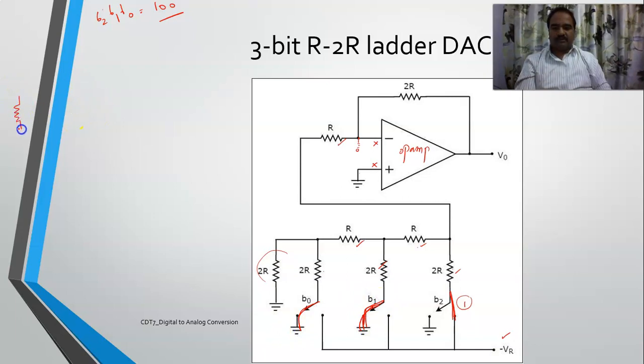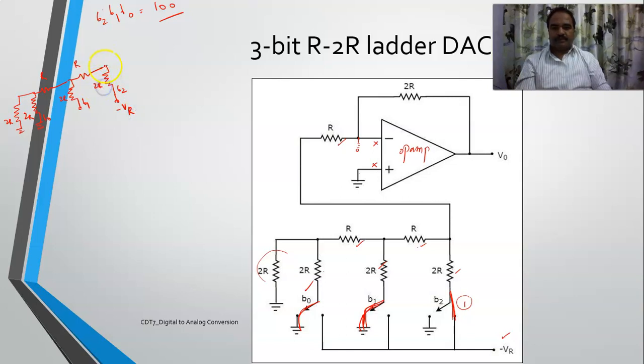This is 2R, again 2R, it is grounded. This corresponds to B0, and this is R, and again 2R, which corresponds to B1. Since B1 is also 0, I am connecting it to the ground. R, and again this is B2. B2 is 1, so I am connecting it to minus VR.